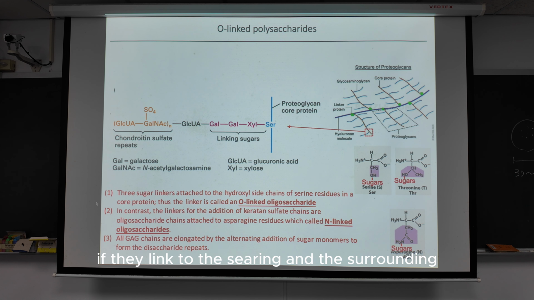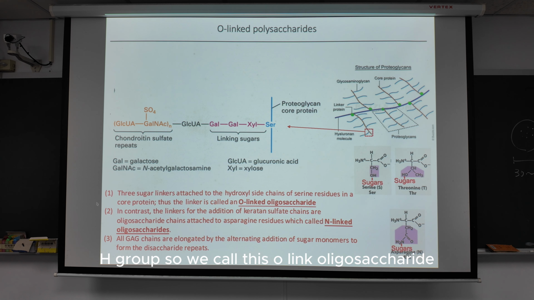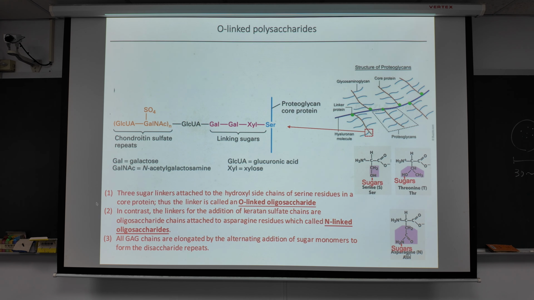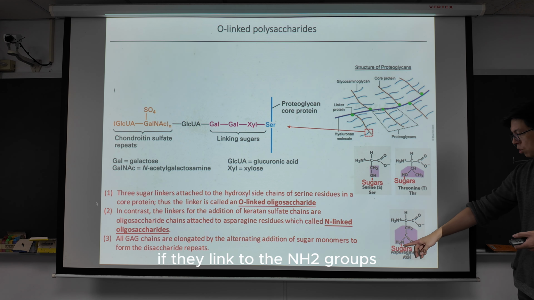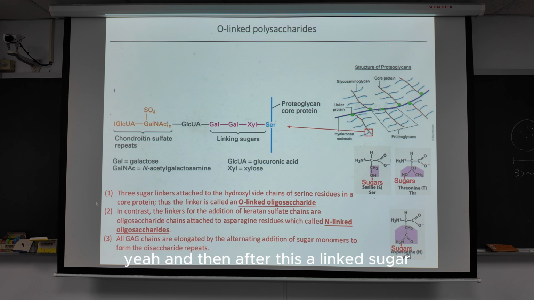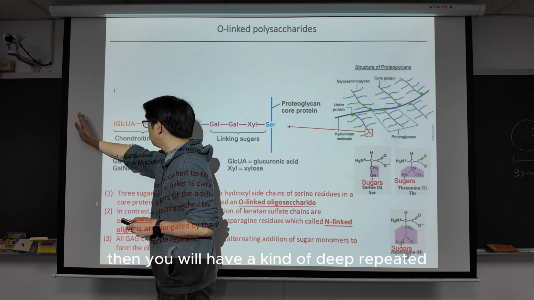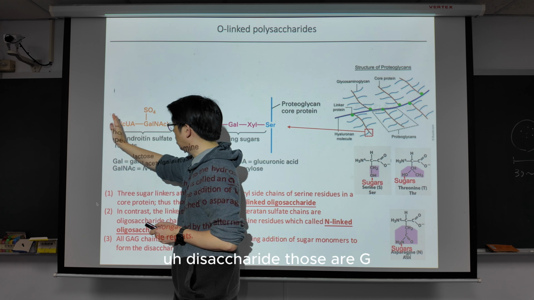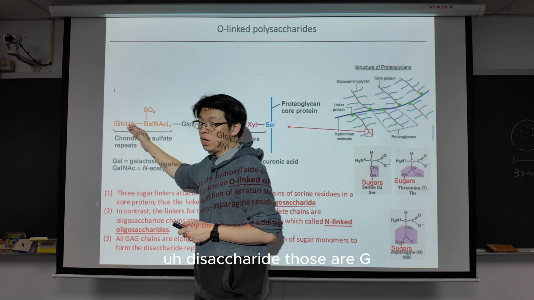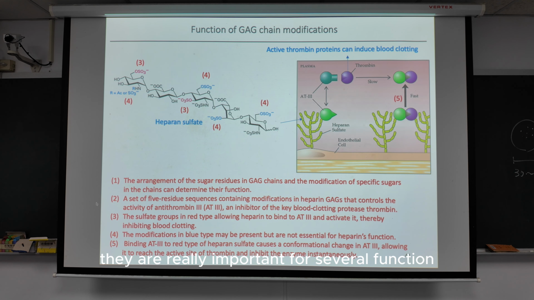If they link to the serine and threonine, they will interact with the OH group, so we call this O-linked oligosaccharide. If they link to the NH2 group, it is called N-linked oligosaccharide. And after this linkage sugar, you will have the repeated disaccharide. Those are GAGs. And those GAGs are really important for several functions.